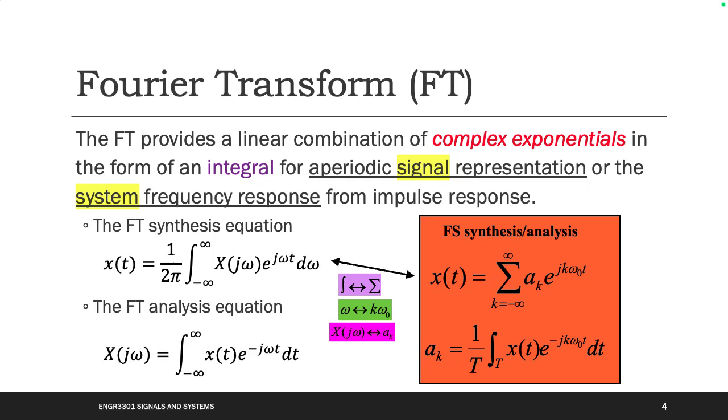And then we also can have the FT analysis equation, similar with the FS analysis equation. It's just how to calculate the coefficient. Am I right? This one is the FS coefficient. This is just the FT coefficient, and the equation is very similar.